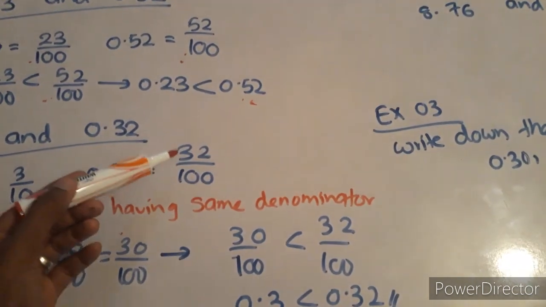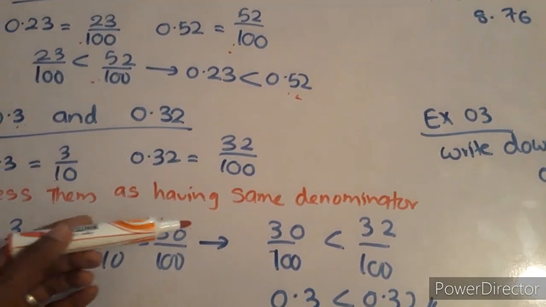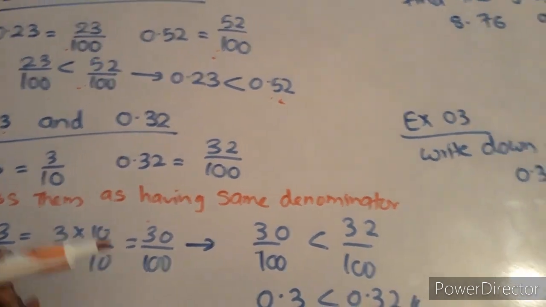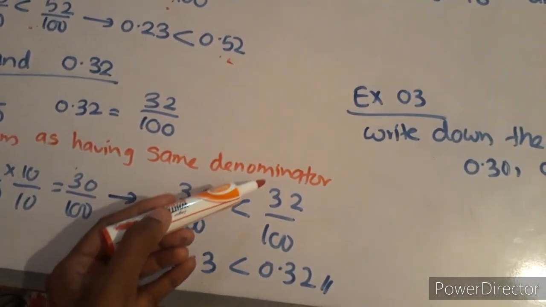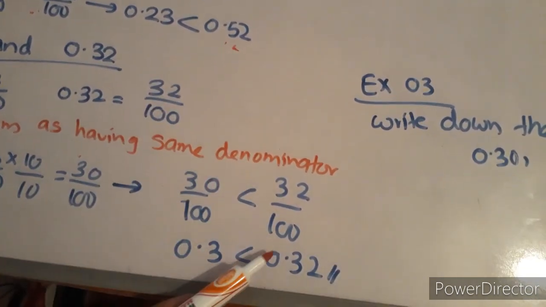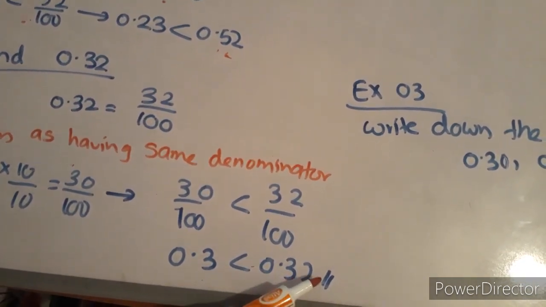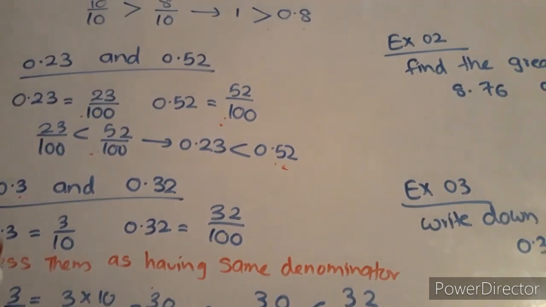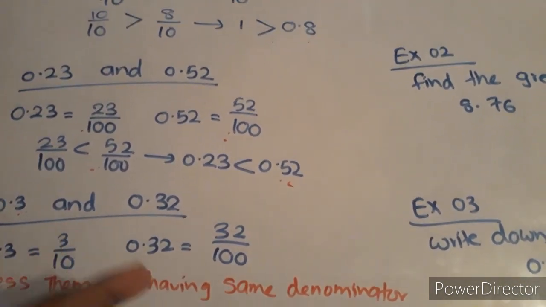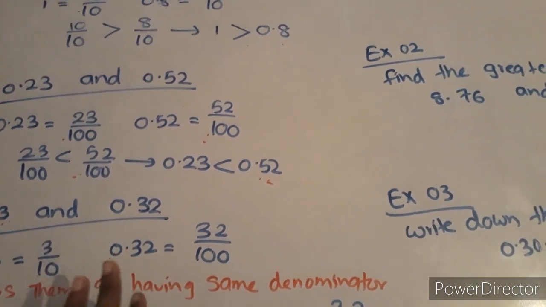This one is 32 upon 100, this one is 30 upon 100. Then what is the greatest? 32 upon 100. So 0.32 is the greatest.